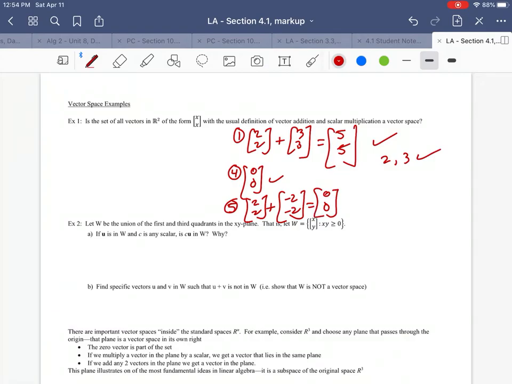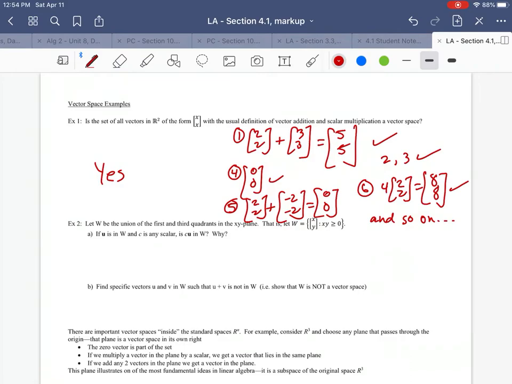Yeah, you could. All right, and then you could also do number 6, scalar multiplication. Let's say you had 4 times 2, 2. You get 8, 8, so it's a vector in that space. So that checks out. And so on with all the rest. You would be able to prove them all. So you would say yes to this.